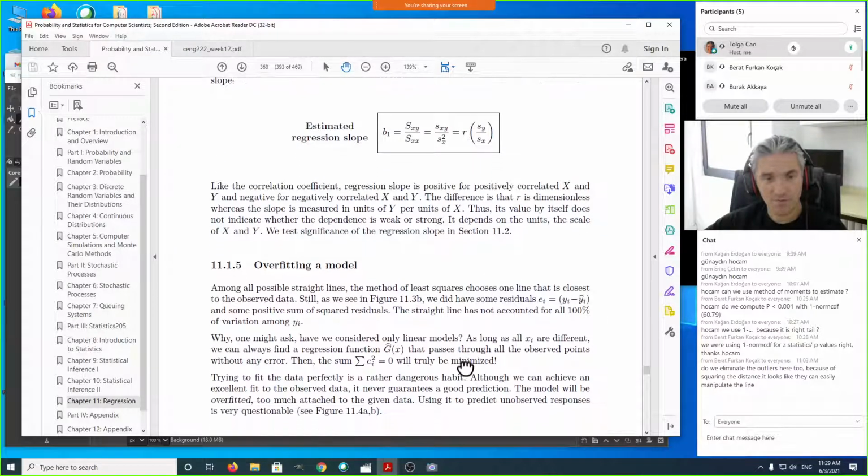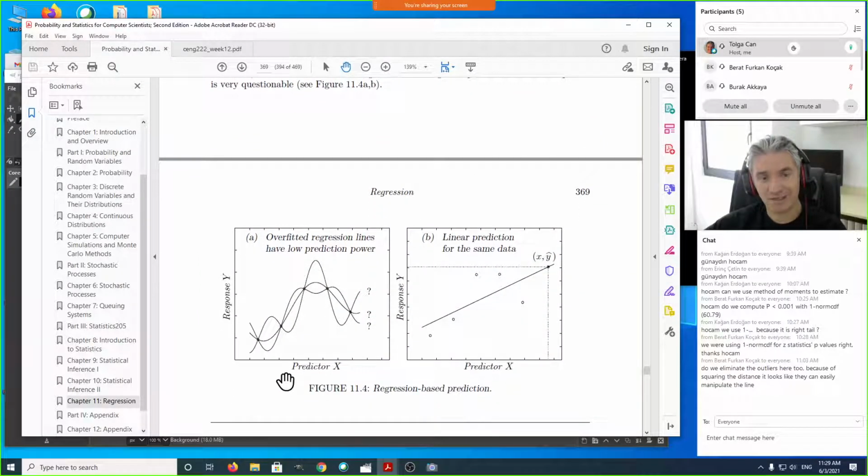I talked about overfitting a model. As I said, when we have these data points, we can have very complicated functions that pass through all of them, and the residuals in all of them are zero.